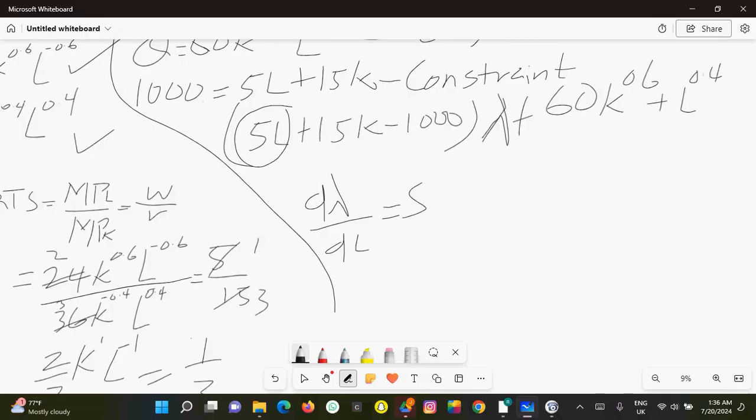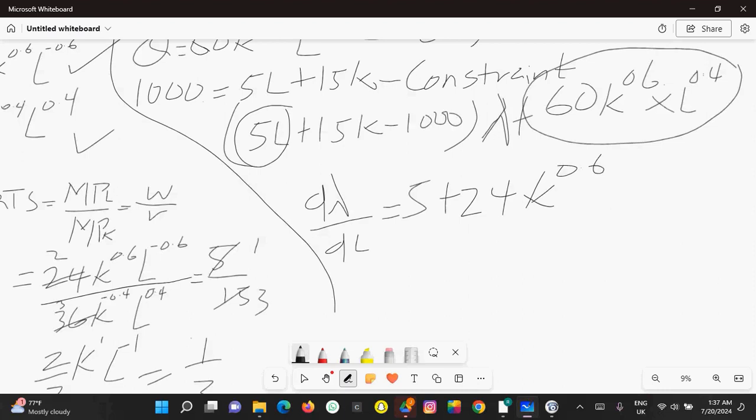Now we will get 5 here, and then we are differentiating this. So we are going to get 24, 3, 6.